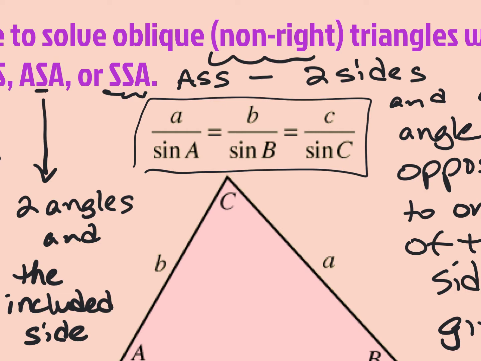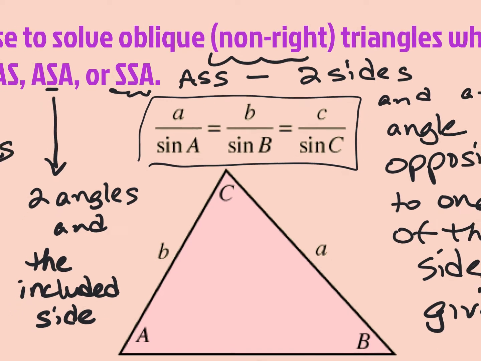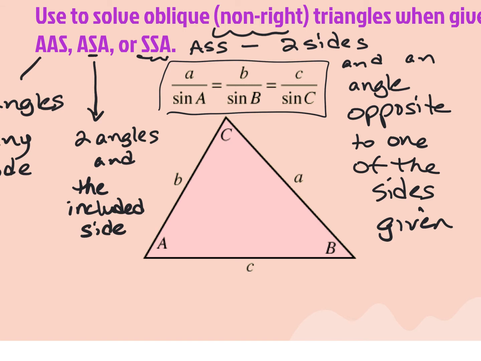You're going to need to draw the picture yourself and fill in the letters. So notice I've got angle A here, and then across from angle A, that's where I label the lowercase letter a. And then angle B would be here, and opposite to that would be lowercase b, and then the capital C or angle C across from that will be lowercase c.